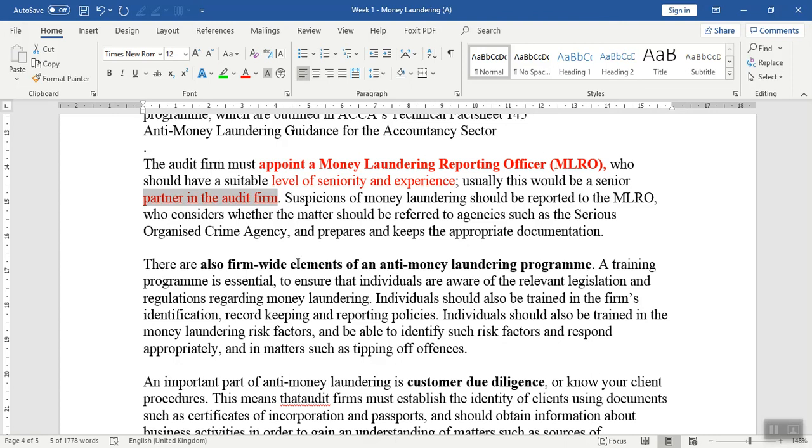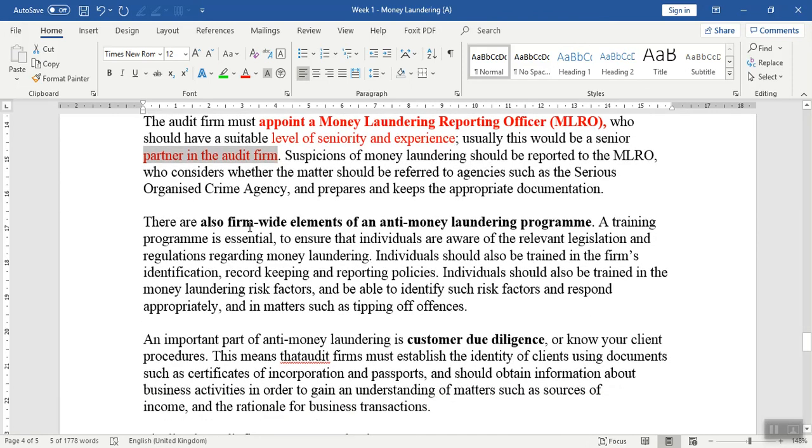This one is also an element of an anti-money laundering program, training and communication. Training is essential. Why training? You have to let the auditor know how to recognize money laundering, how to report, and make sure they avoid the tipping off issue.